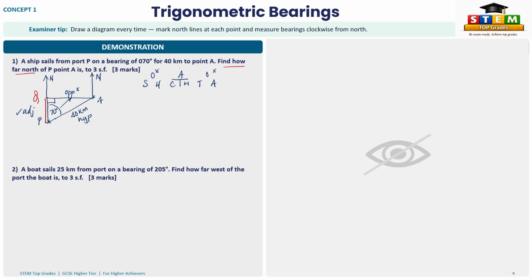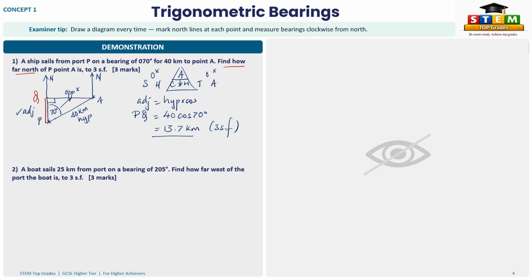So the formula we're going to be using is CAH, and adjacent is equal to hypotenuse multiplied by cos. So this is length PQ. The hypotenuse is 40, multiplied by cos of 70 degrees. So 40 times cos of 70 is going to give us 13.7 kilometers, and the answer is given to three significant figures. There we go.